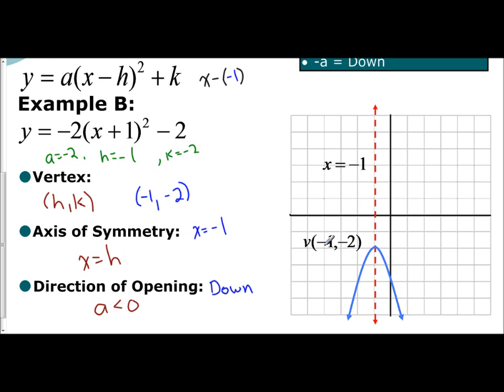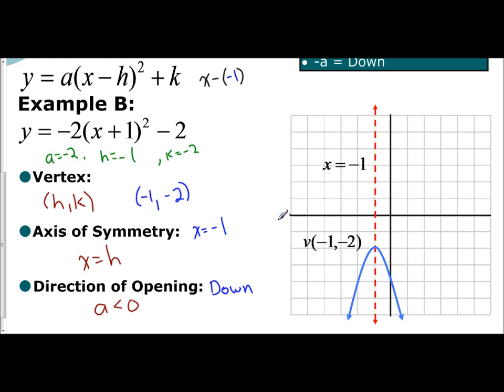The vertex is (-1, -2). The graph is opening downwards. By having it in this form, I can see all this information very easily without graphing it. Now we can compare it to the graph.